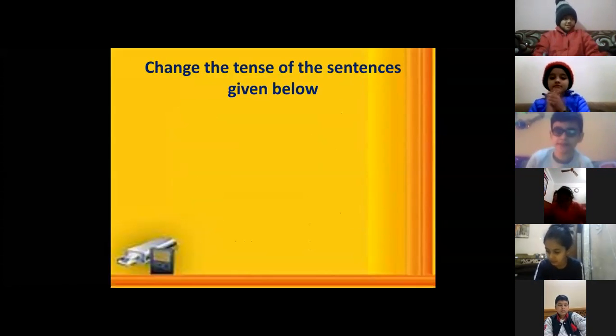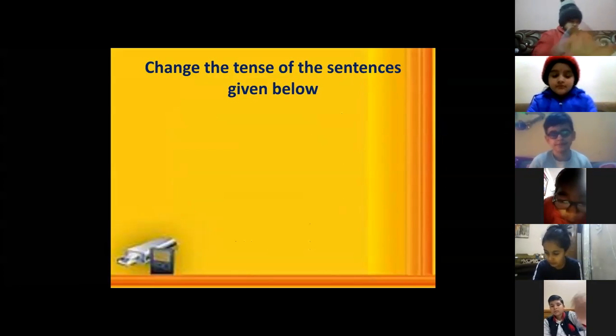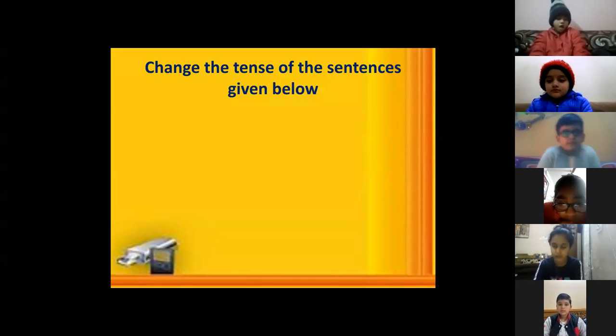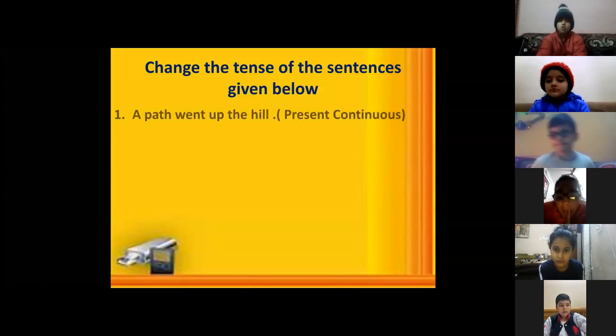Okay. Now let's do some grammar also. I've taken some sentences from the chapter itself. So you people need to change the tense of these sentences. You have to change their tense. So that will check your understanding about the tenses also.